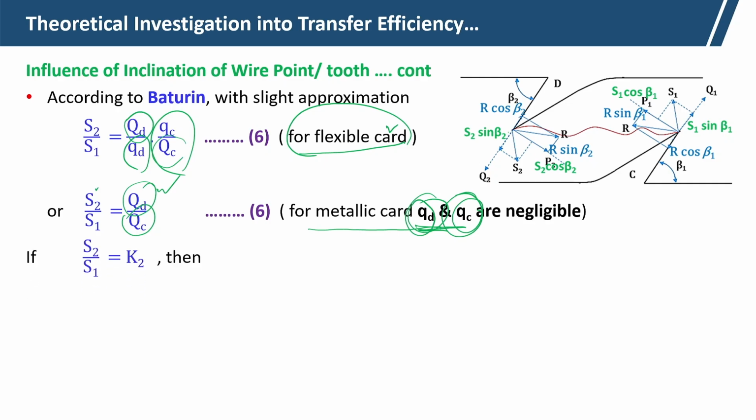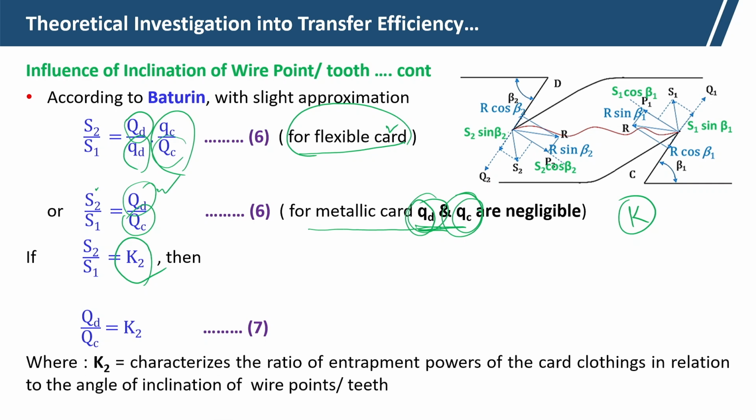So, this is again a constant for fiber transfer based on the wire point density, wire point inclination. So, this is again transfer efficiency based on wire point efficiency. Earlier we have seen K1 based on wire point density, here based on wire point inclination. So, we can calculate K2 or QD by QC.